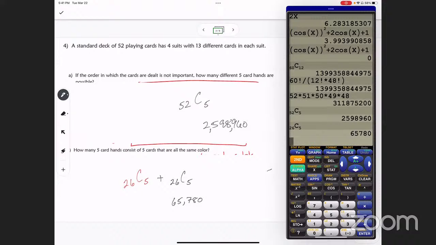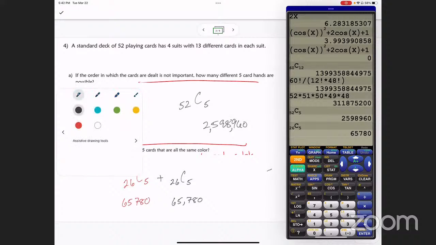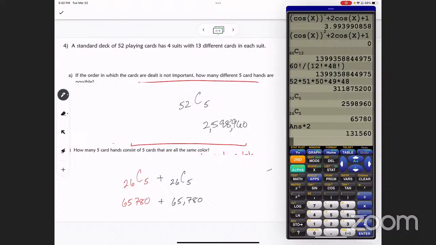And then that's also the same number of ways you can have a handful of red cards. And you add them together because they're mutually exclusive. Like you can't have them at the same time. Does that make sense? So you just multiply by 2 basically. Okay, yeah, I think that makes sense.